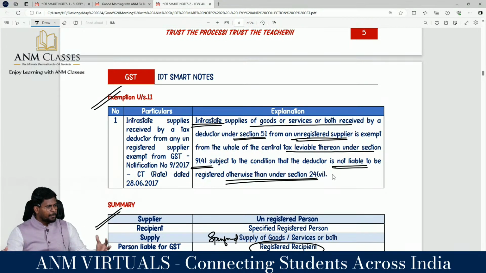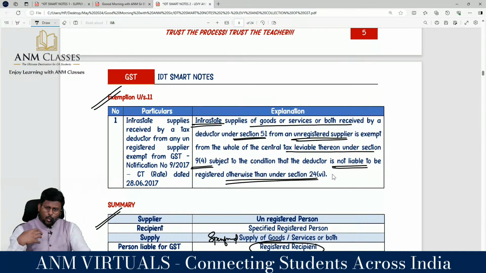Sir, you should be a person who is liable to deduct TDS under section 51. You have taken only that registration; you have not taken normal registration. So you have taken a compulsory registration under section 24 for the purpose of deducting TDS under section 51, correct? That means you are not making any taxable inward supply or outward supply.